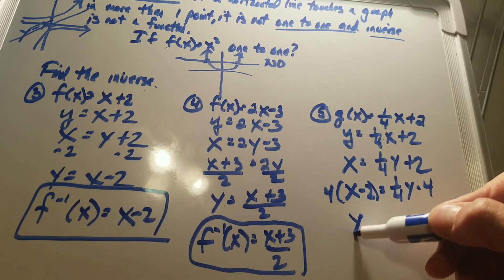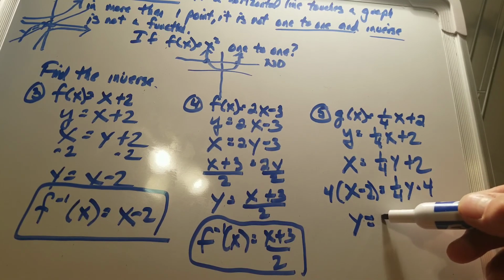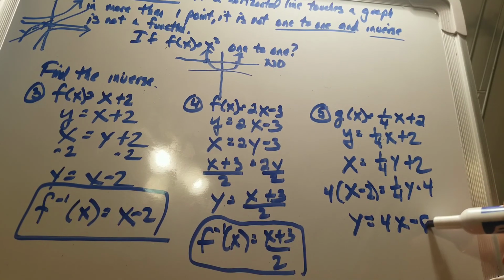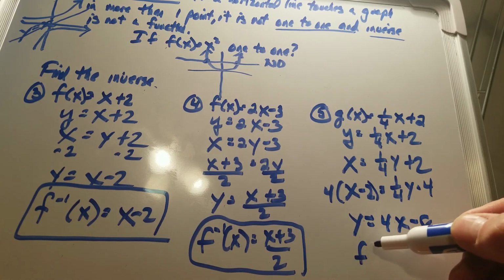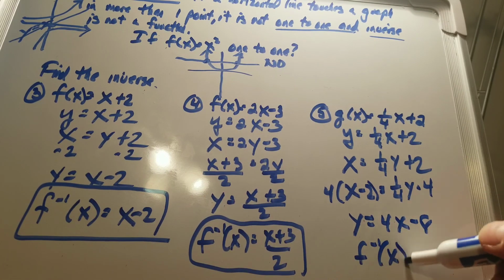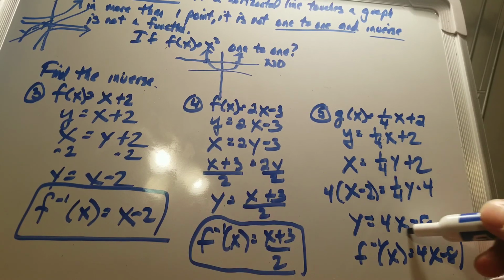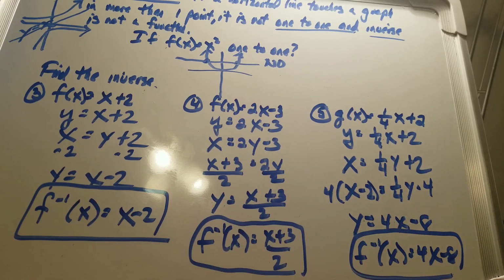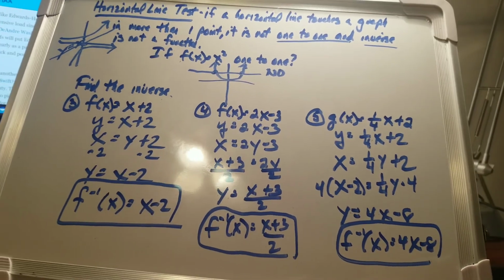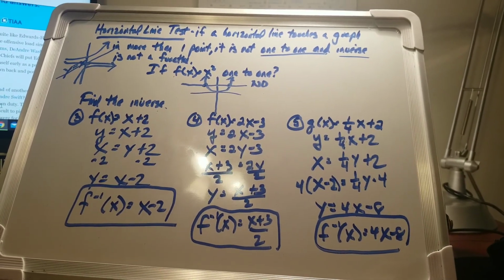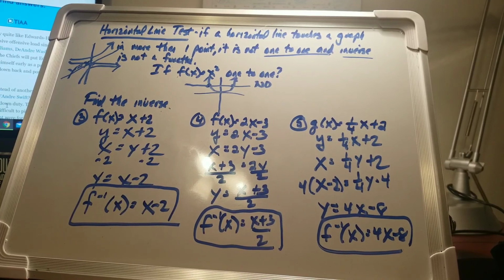So the new y is equal to 4x minus 8. Write it in the correct format. And there you go. Okay, see ya.